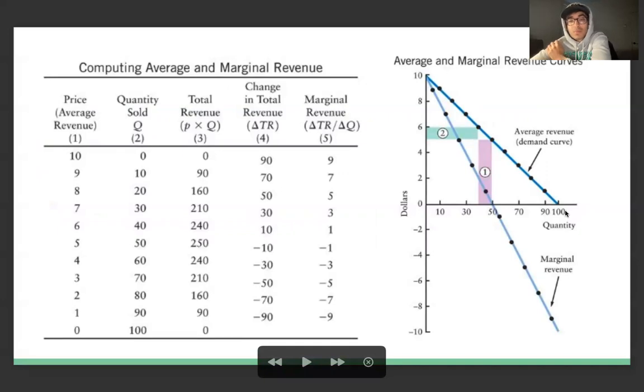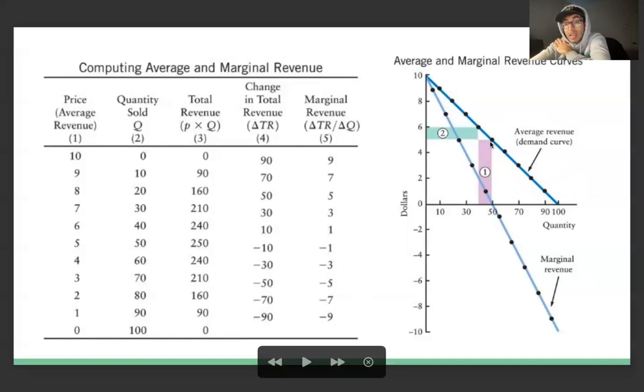And the logical way to think about it is as follows. So let's say I go from a price of 6 to 2. That doesn't mean that I'm reducing the price from 6 to 2 only for these many units. I'm reducing that price for all the units before that as well.